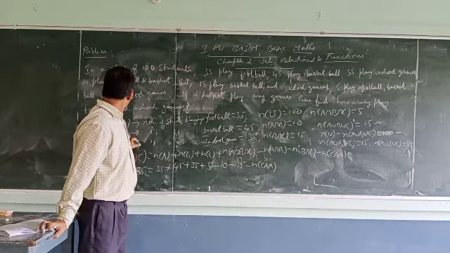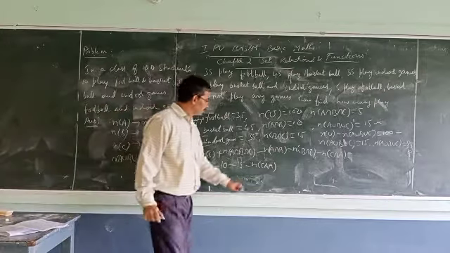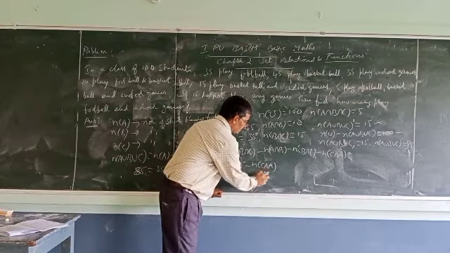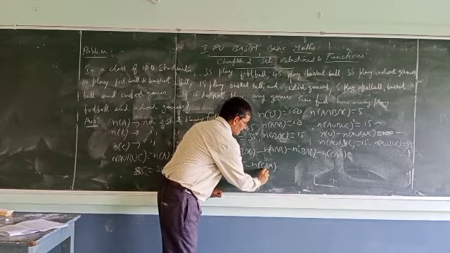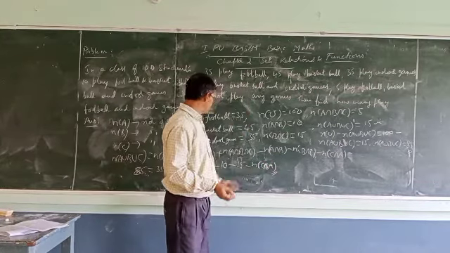Football is A and C is indoor games, so what is required is N of C intersection A.